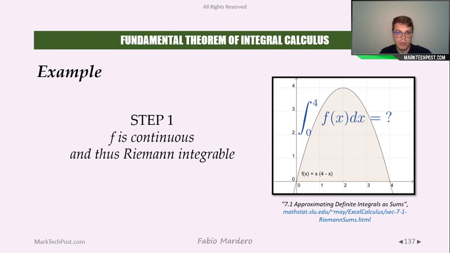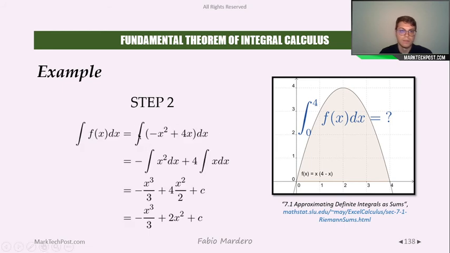Yes, it's continuous, and with this, Riemann integrable. Step 2, we have to compute the indefinite integral. In order to do so, we just apply the integration rules, I don't want to go deep into them. We get these results. Please note that we have the plus c here. We have a family, a collection of antiderivatives.